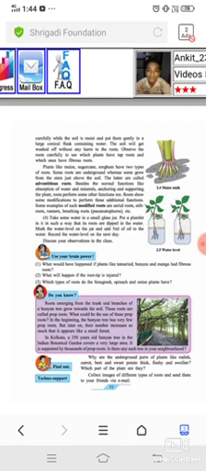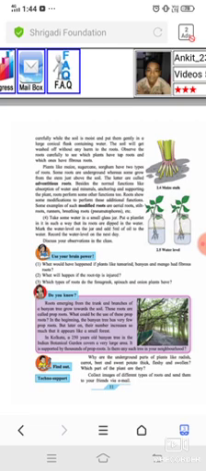Besides the normal functions like absorption of water and minerals, nurturing and supporting the plant, roots perform some other functions too.